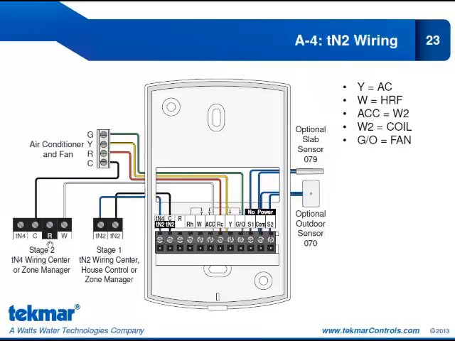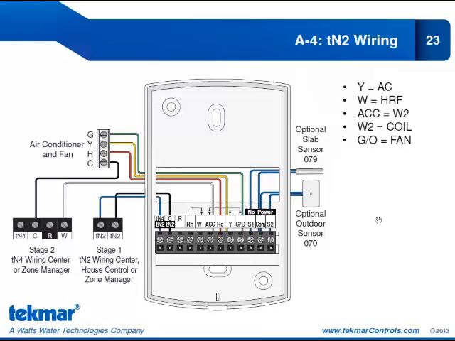R is left empty. And we have the C going to the C on the air conditioner. Y is going to the air conditioner for cooling, and the GO for the fan operation.